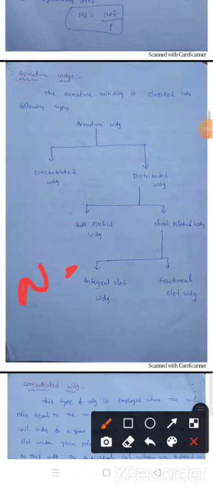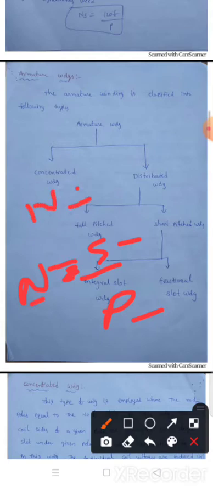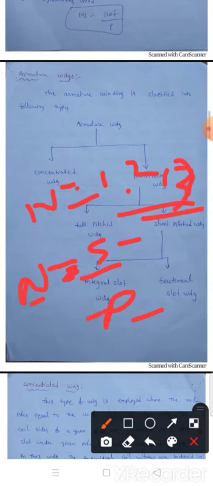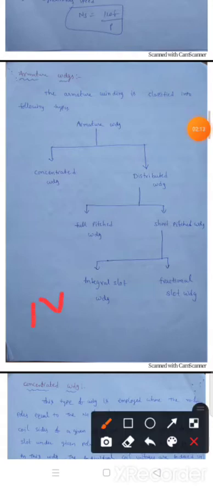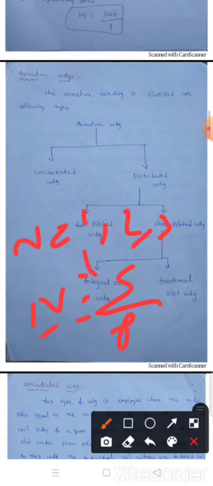We already know the formula n equal to s by p, where s is the number of slots and p is the number of poles. If the n value is equal to integral numbers like 1, 2, 3 and so on, then it is called integral slot winding.